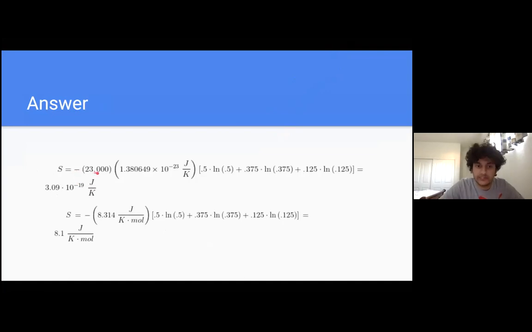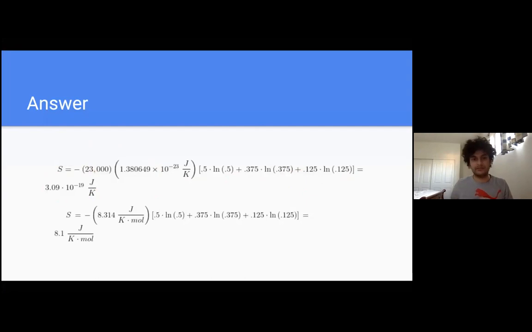So you'll just plug straight in: negative n, 23,000 molecules, times your Boltzmann constant, and these are the probabilities. Half is 0.5, 3/8 comes out to 0.375, and if you add those up and do 1 minus that answer, you'll get 0.125 for the rest. So just plug that into your calculator and solve, and you get 3.09 times 10 to the negative 19th joules per Kelvin. So that was the entropy for the system.